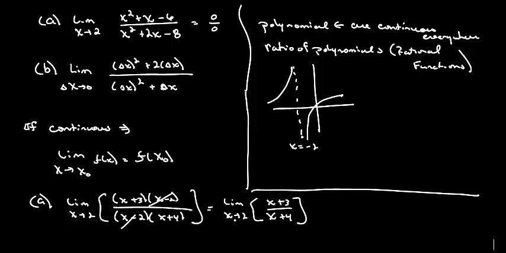Now, since 2 for this function is not a vertical asymptote, we can do a direct substitution for this limit, which gives me 2 plus 3 over 2 plus 4. So this is 5 over 6. That's the limiting value.